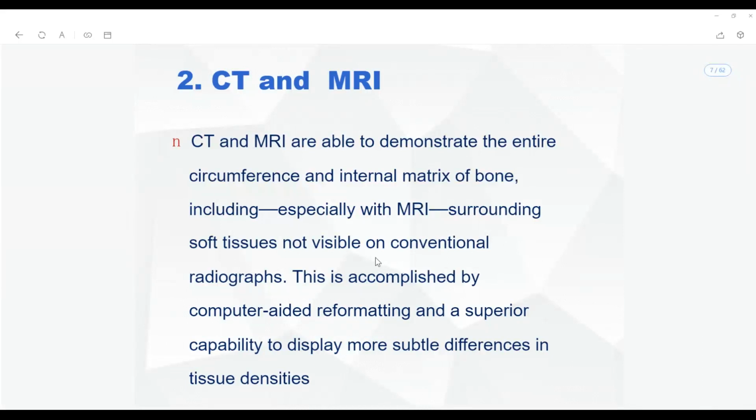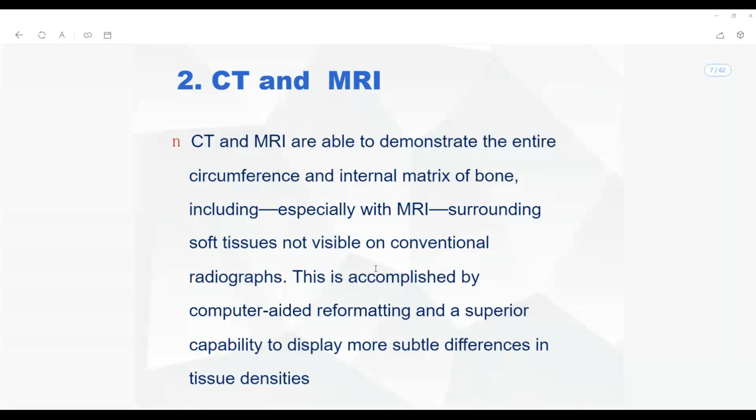Now, when compared to the conventional radiograph, yes, X-rays are frequently prescribed. Conventional radiography is a frequent investigation prescribed for the evaluation of bones. But you also have to understand that CT and MRI investigations also determine the entire circumference and internal matrix of the bone.